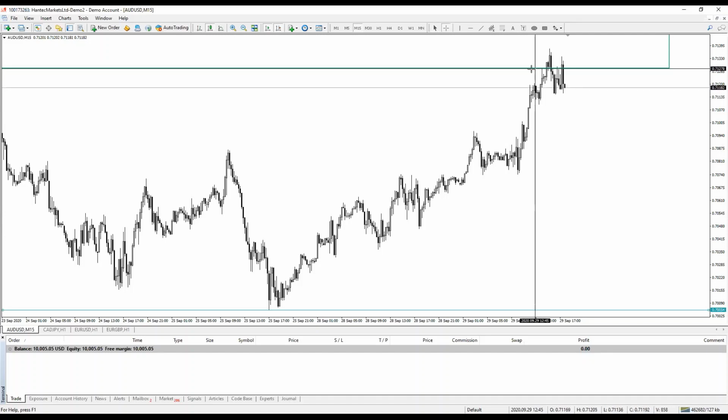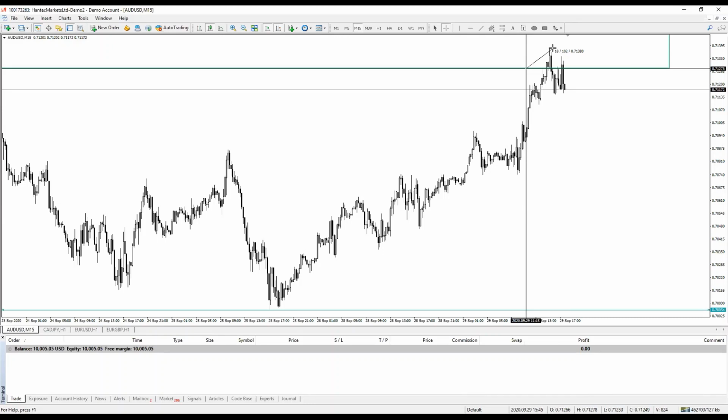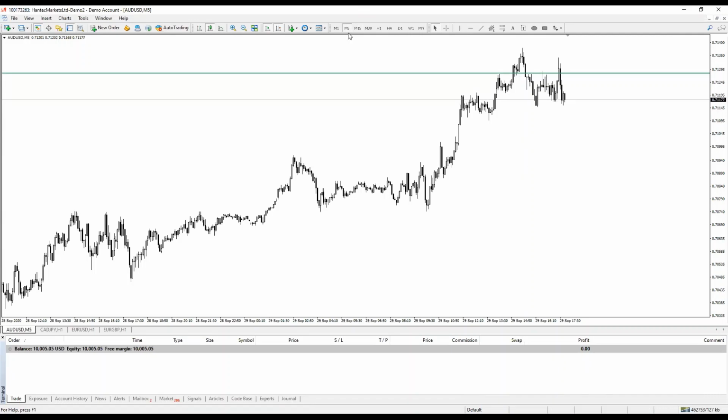If we were just blindly selling this, then we were taking about 10 pips drawdown in this trade. But we also said that we want to look for a confirmation before we sell that first supply. So we move to a lower time frame, so we have a clearer view of what's happening.